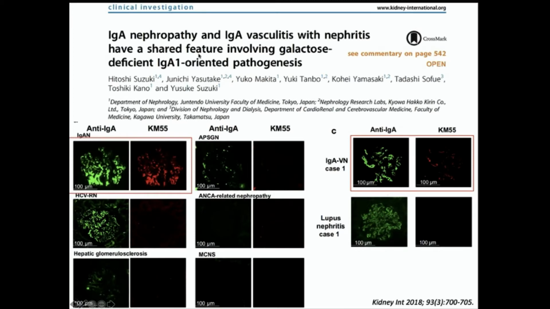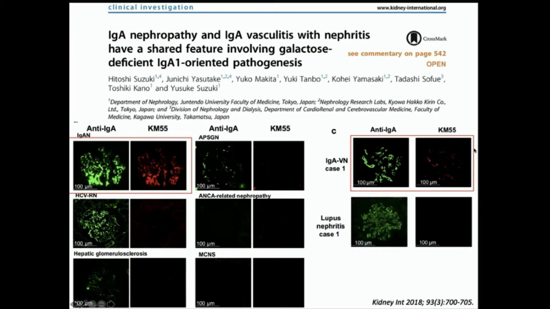In their paper, they claimed that IgA nephropathy and its twin, IgA vasculitis, which is HSP, the old terminology, are specific for this galactose-deficient IgA1. It's specific for primary IgA nephropathy and HSP.